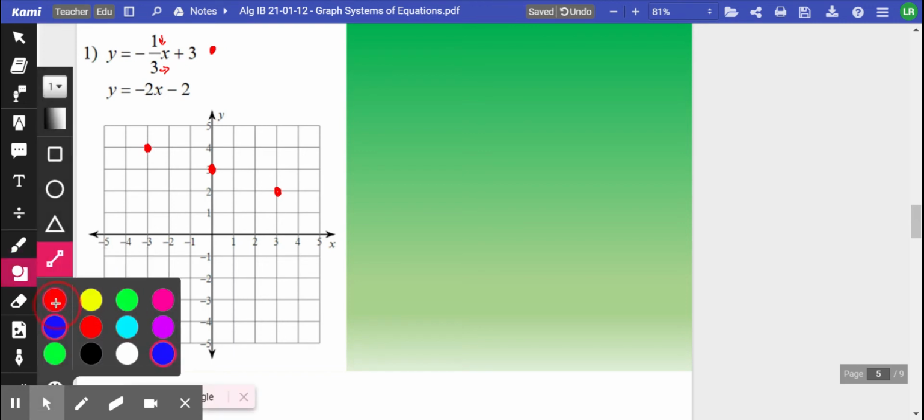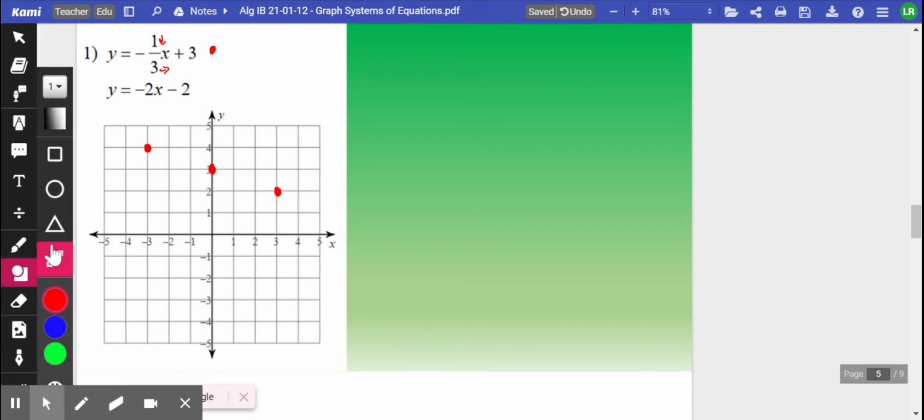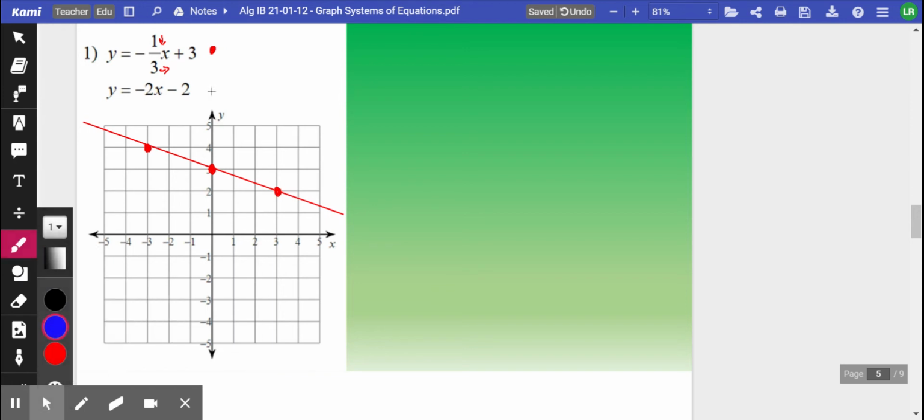And then I'm going to go ahead and connect that. Now I don't have to worry about dotted lines because this is an equation. So there is my line. Go on to the next one. I'm going to make this one blue. Y-intercept's negative 2. The slope is also negative 2. Negative 2 over 1. So that'd be down 2, right 1. Down 2, right 1.